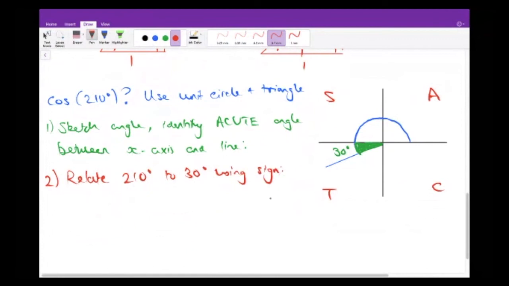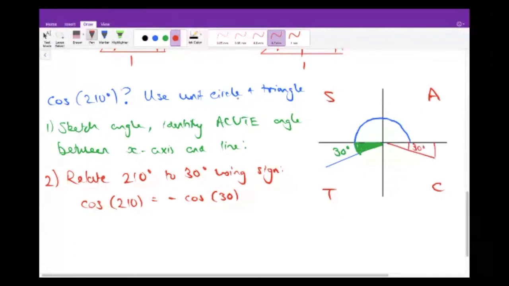So what I'd say here is that cosine of 210 is equal to negative cosine of 30. Okay, so it's the same value because we're looking at the x value. Well, the x value, if I drew 30 degrees in this direction, on the unit circle, it's the same x value, but on the left it's negative and on the right it's positive.